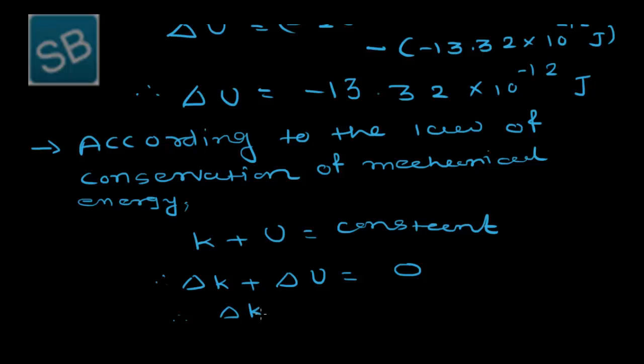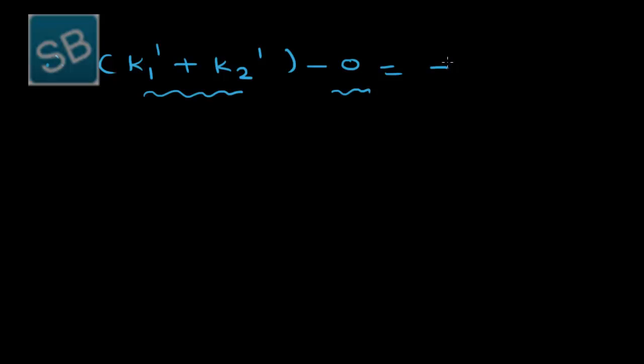Therefore delta K is equal to minus delta U, and the change in kinetic energy delta K is, I am writing in this way, K1 dash plus K2 dash minus 0. This is the final kinetic energy and this is the initial kinetic energy. It is equal to minus delta U, and the value of delta U is with us.